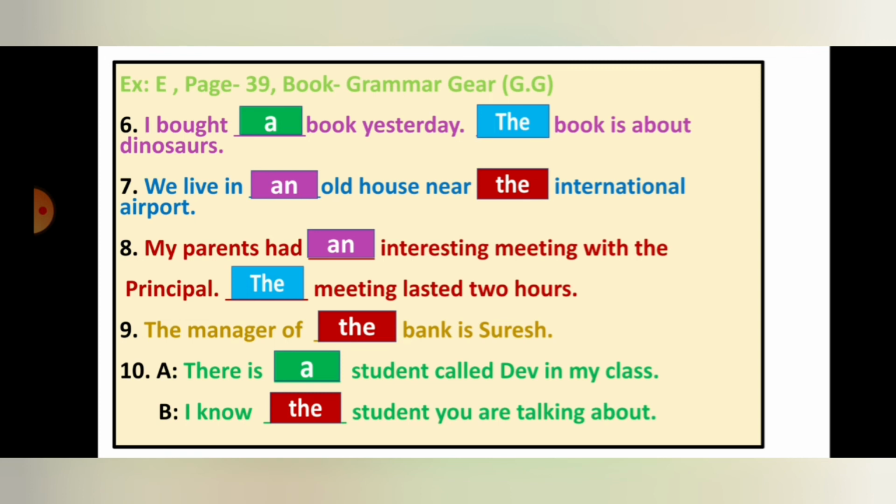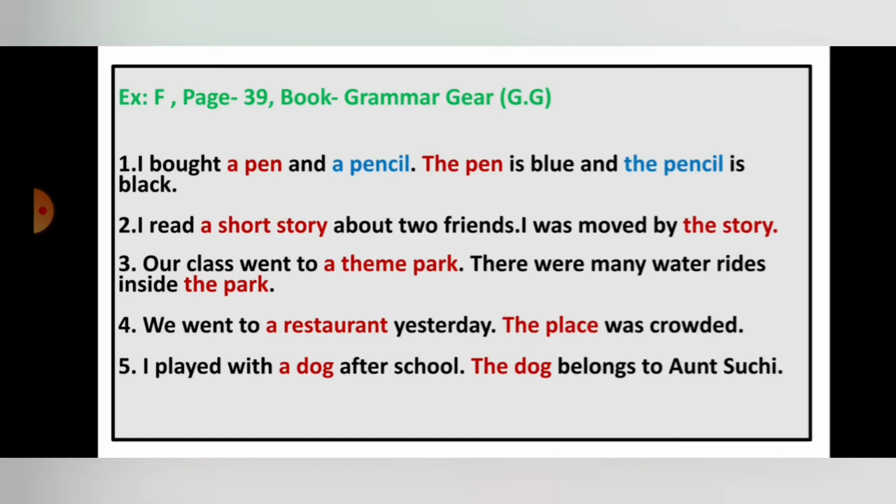So that's all about our exercise number E. Now we will do exercise number F. So let's go to the next page. So here you can find the exercise number F. I bought a pen and a pencil. The pen is blue and the pencil is black.